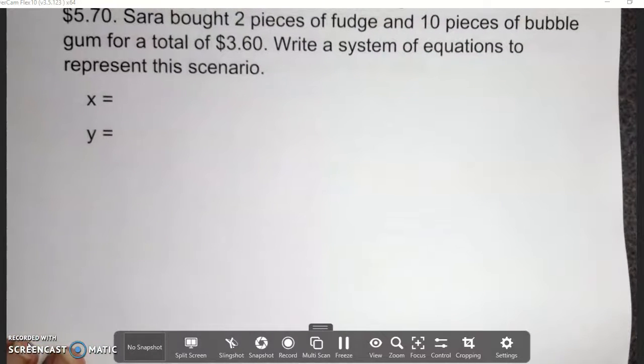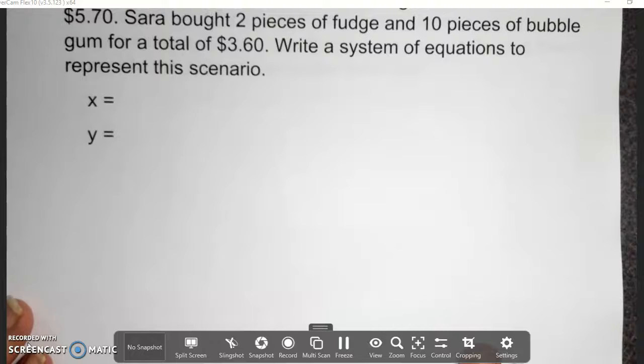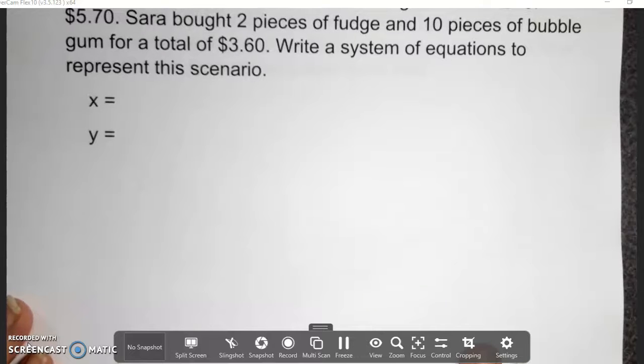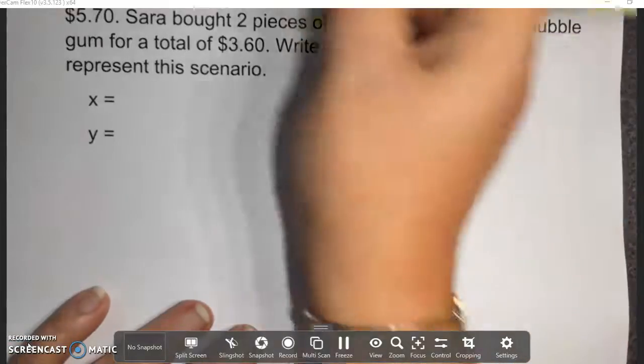Let's do another example. Chase and Sarah went to the candy store. Chase bought 5 pieces of fudge and 3 pieces of bubble gum for a total of $5.70. Sarah bought 2 pieces of fudge and 10 pieces of bubble gum for a total of $3.60. Write a system of equations to represent the scenario. Okay, first thing I have to think about is what are the 2 items we're talking about.